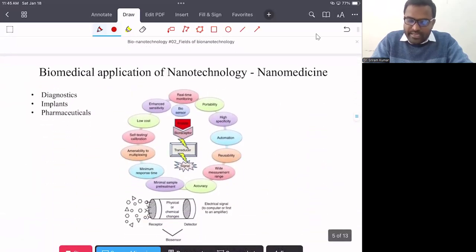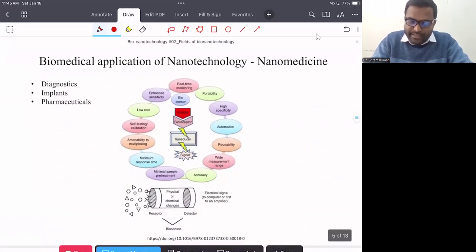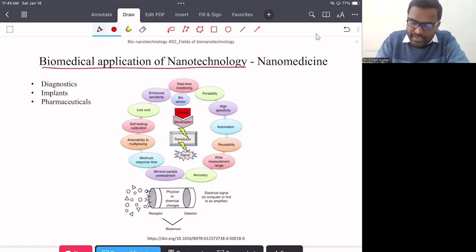So now let's understand the first area of research of bionanotechnology, the biomedical application of nanotechnology. We are going to use nanotechnology for biomedical application, and that is nanomedicine. In nanomedicine, we have three main areas.